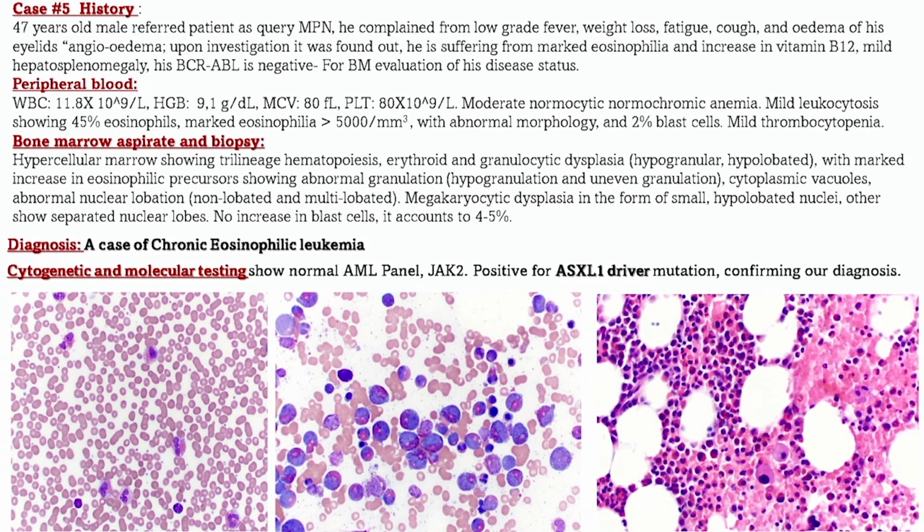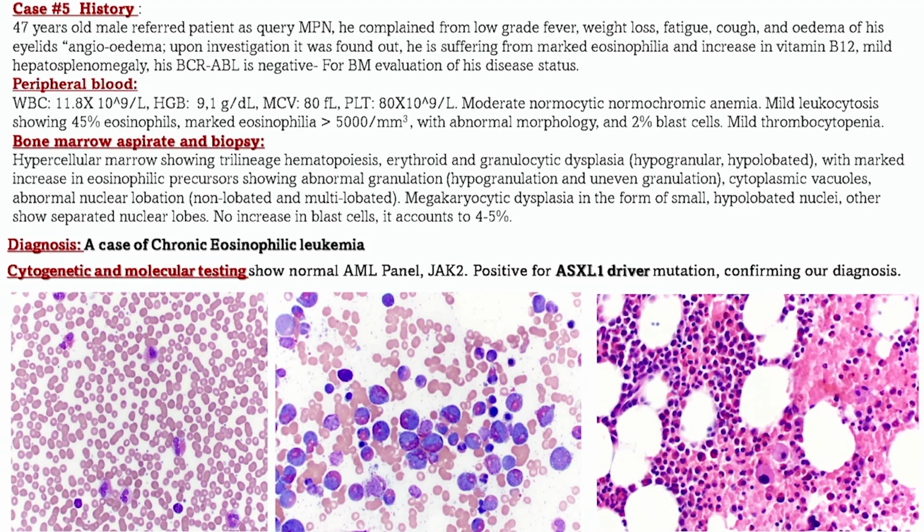If you check the bone marrow aspirate and biopsy, it gives the same picture with increased eosinophilic precursors showing abnormal granulation, hypogranulation, cytoplasmic vacuoles, and abnormal nuclear lobation. There is also megakaryocytic dysplasia, and the blasts were almost 4 to 5%. We classified this patient as a case of chronic eosinophilic leukemia.